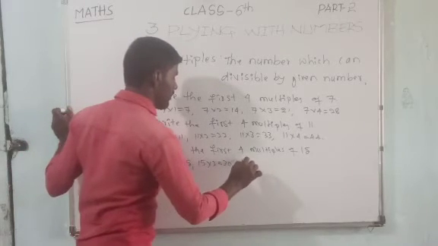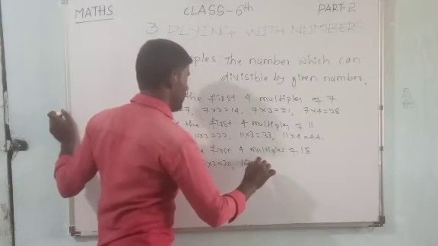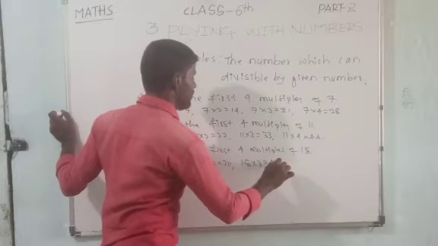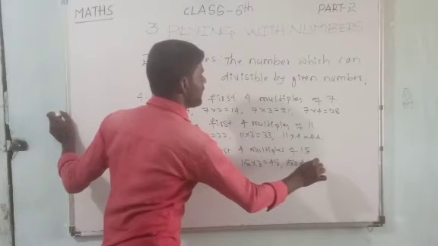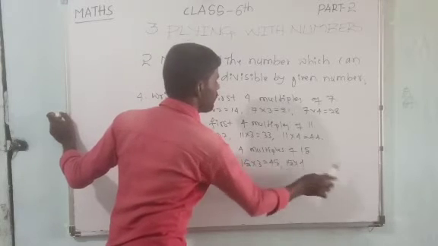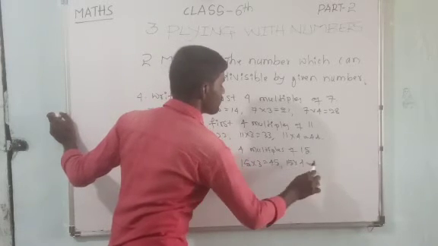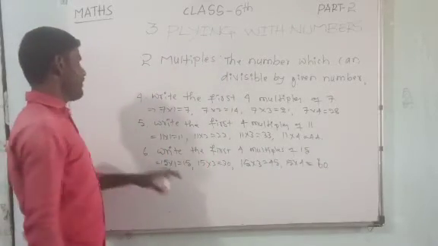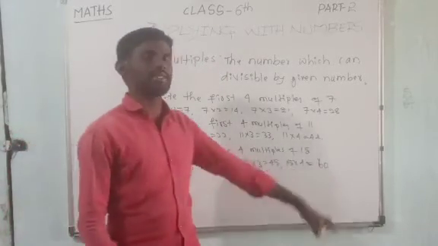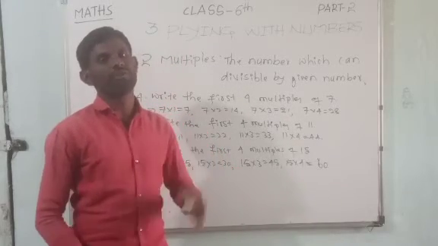Then 15 into 3 is equal to 45. Then 15 into 4 is equal to 60. These are 15, 30, 45, 60. These are the multiples of 15.